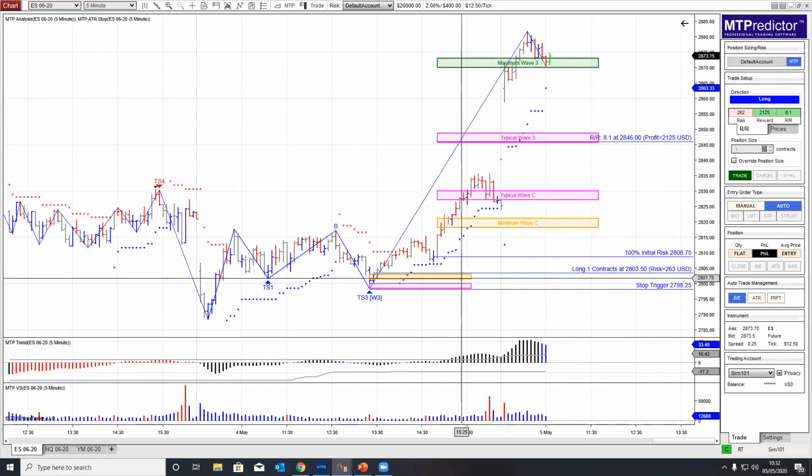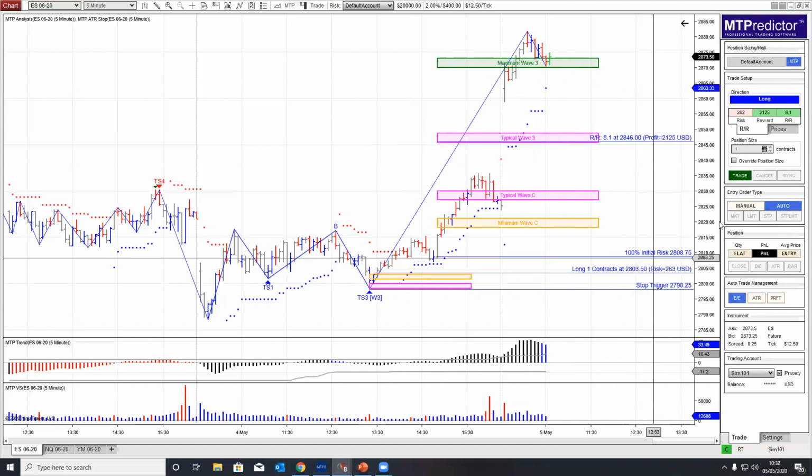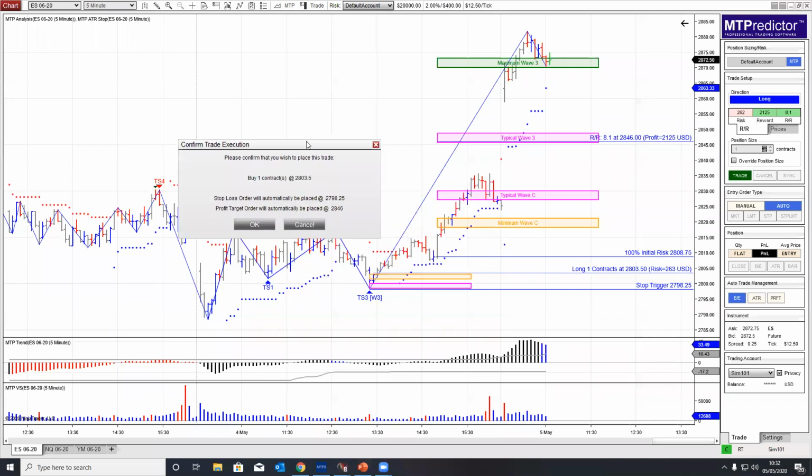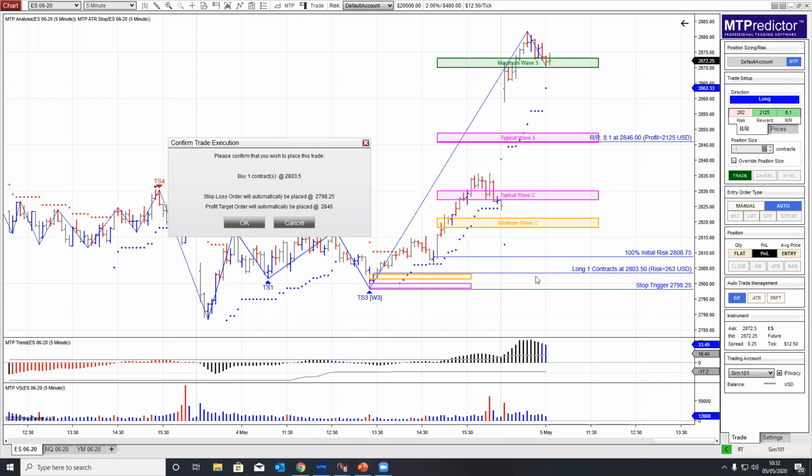So if you were trading this setup, what it will do is take that position sizing, and if you click on the trade button, it will then place those orders for you. So in this case, it will be going long 1, which is correct, going long 1 at 0350. So it just means it places it quickly for you. Once you're in a trade, it will then place the target order and the stop order.